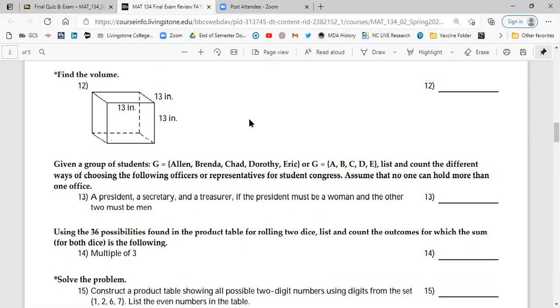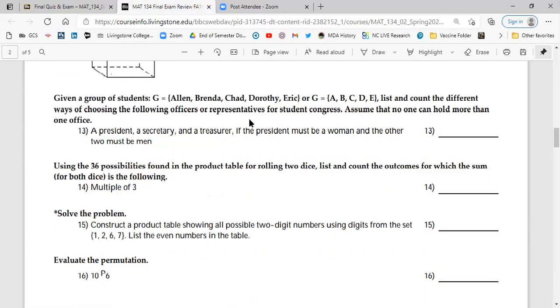No questions with 12. All right, how about 13? Given a group of students in set G, Alan, Brenda, Chet, Dorothy, Eric, or A, B, C, D, E, list and count the different ways of choosing the following officers or representatives for student Congress.